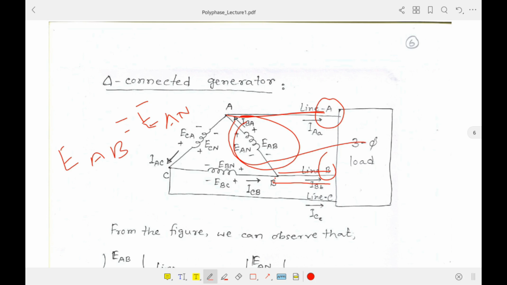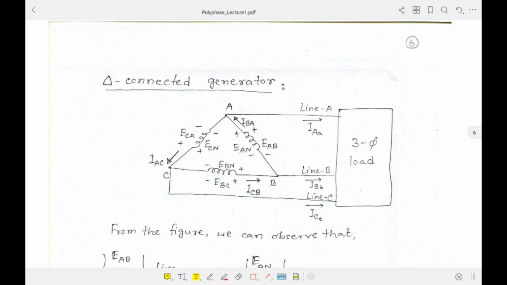Similarly, if you notice in this phase, that is BC, this phase is connected at points B and C, right? So obviously this voltage, the phase voltage, if we call it BN, is equal to BC. So in case of delta connection, line voltage and phase voltages are equal, but for current they are different, because this is the line current, let's say IAA. This point is small a, this is B and this is C. So this is IAA, this is IBB and ICC.